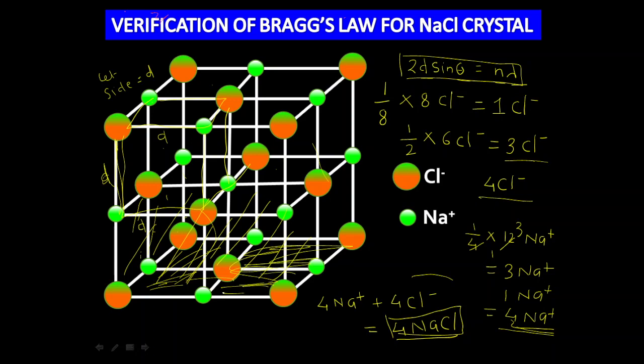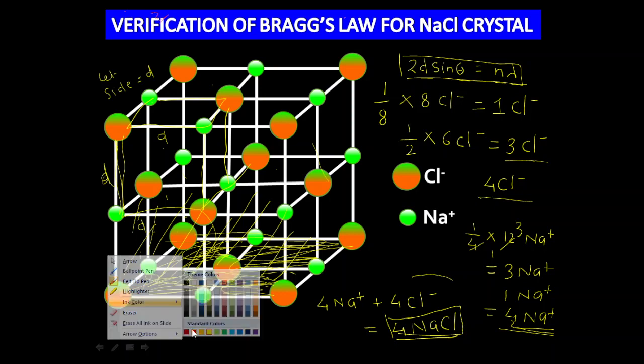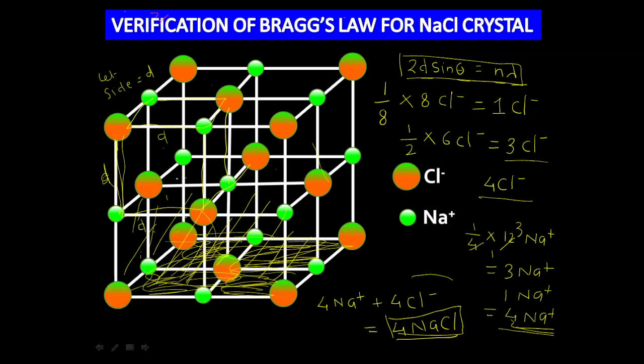I am shading this portion. This is one plane, the lower plane of this large cube. Again I am shading the upper plane with a different color. Now I am shading this middle plane, the middle plane with a red color.